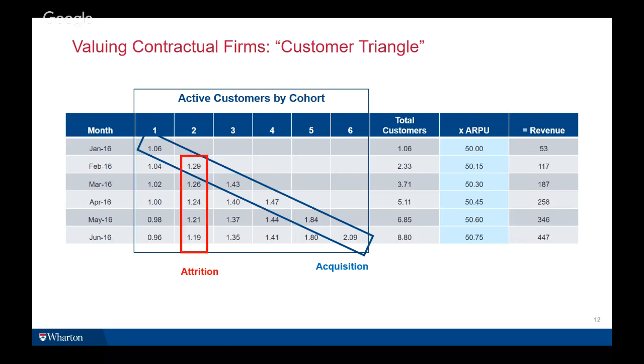Now, after I've acquired a set of users, they're going to stay with me for some period of time before they churn. So we see here, for example, by June of 2016, 1.19 million of the original 1.29 million customers I acquired in February are still active within that particular acquisition cohort.